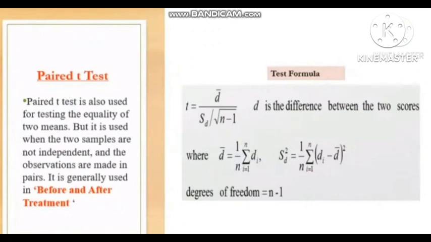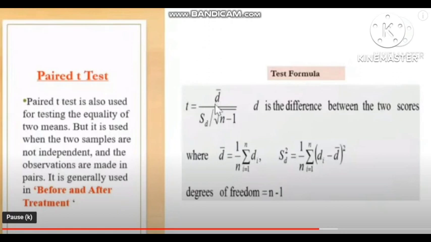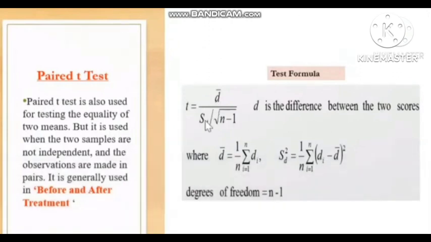So there we would take paired T. Paired T is denoted by this one: t equals d bar over s by root n. D is the difference between the two observations before treatment and after treatment. This S is the standard deviation of the difference.